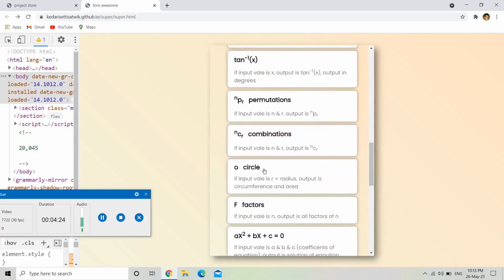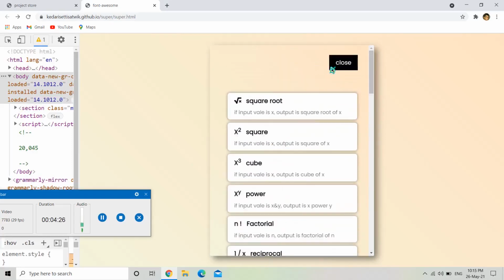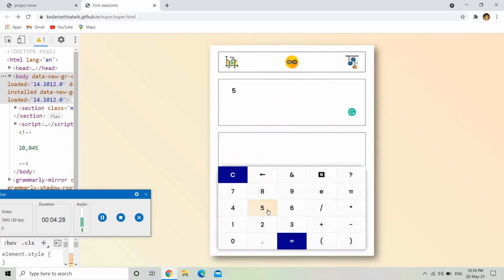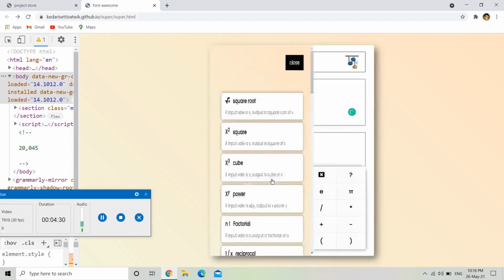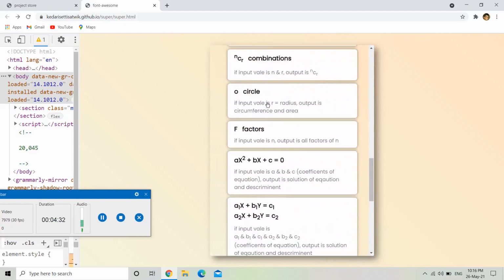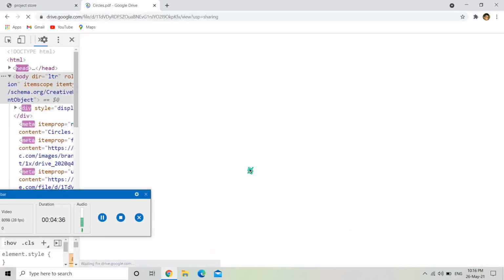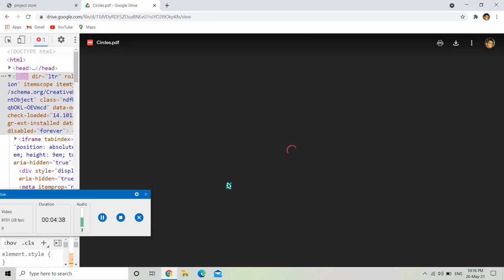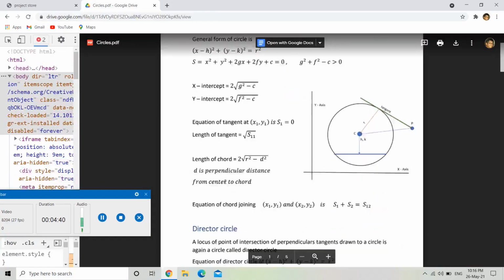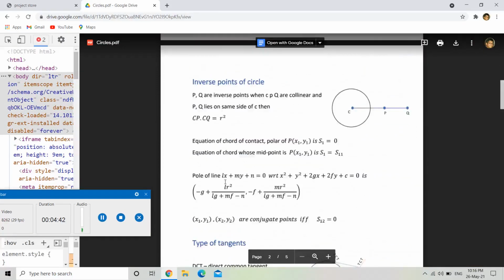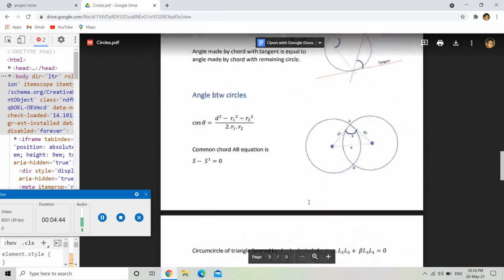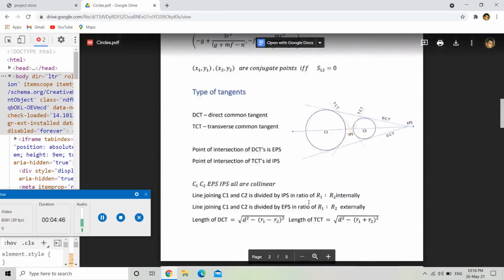Here comes an interesting thing, circle. If we write the radius of the circle as input and click on this button, we will get the circumference and area and some advanced formulas. Mainly these formulas are useful for JEE preparation, means these formulas are more used in writing the JEE exams.